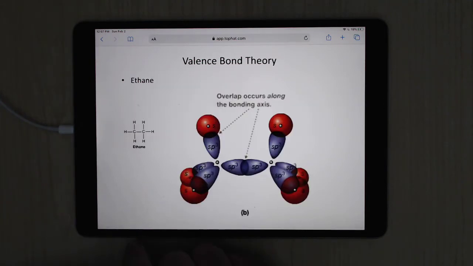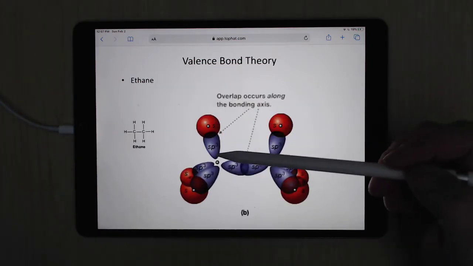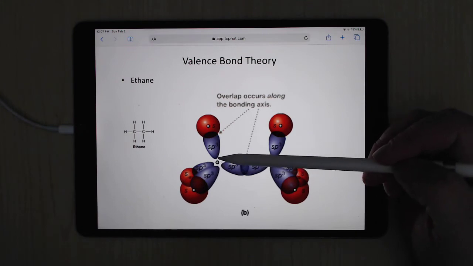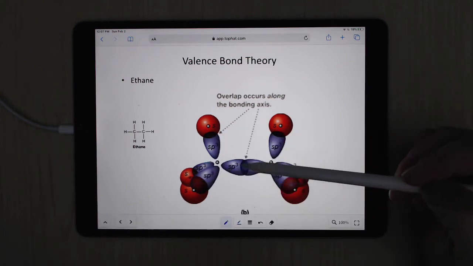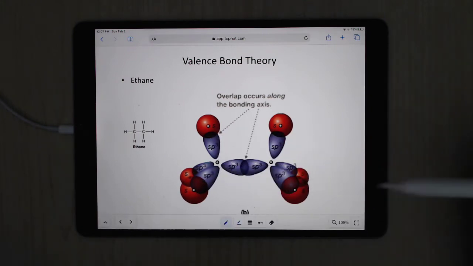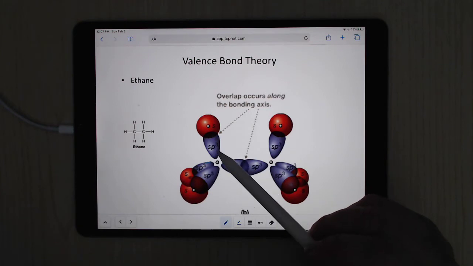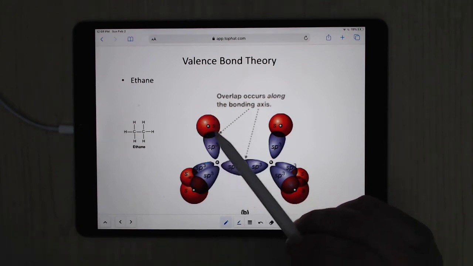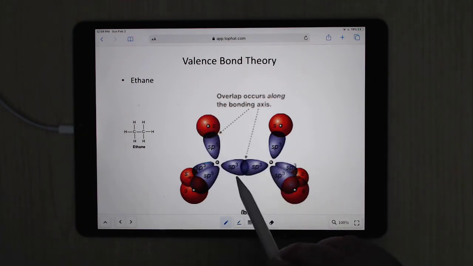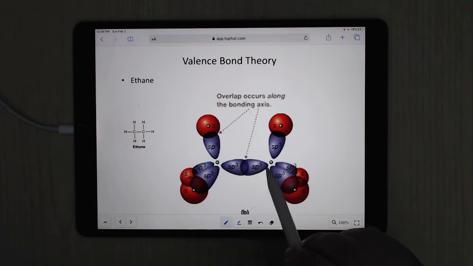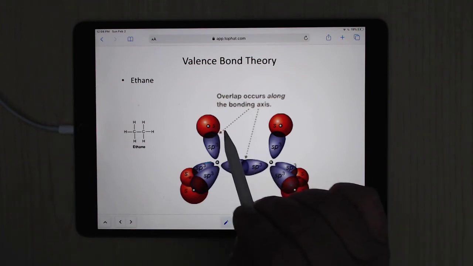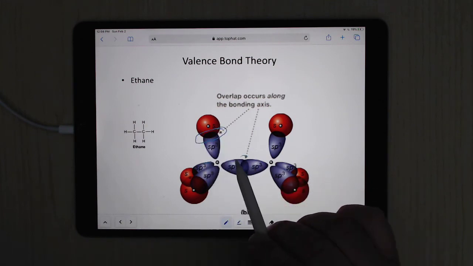What you get is, if you have a carbon and it's sp3 hybridized, so it's taken its s and all 3 of its p's and hybridized them, these sp3 orbitals can actually overlap with an s orbital. It can also overlap very nicely with another hybrid orbital. So you get a nice overlap here and a nice overlap here.